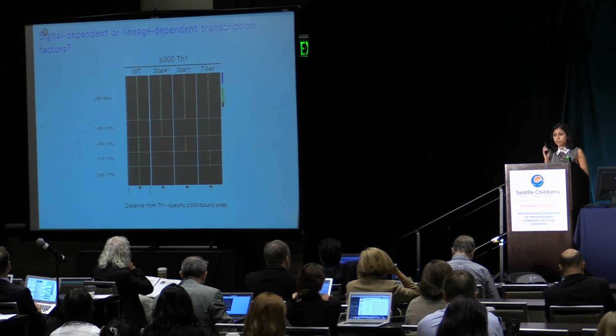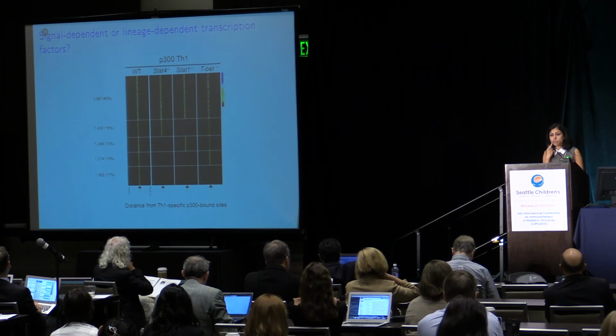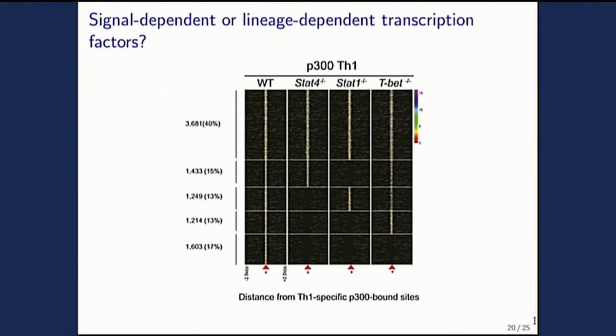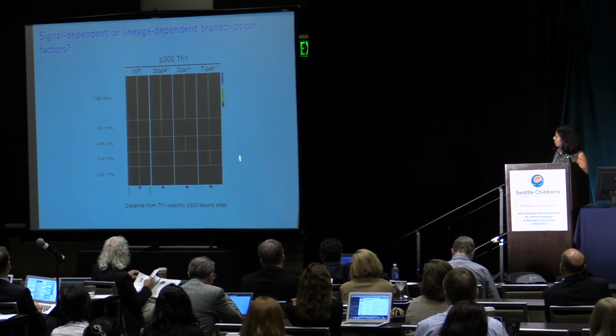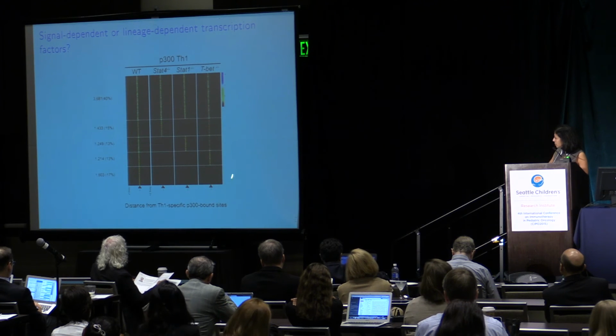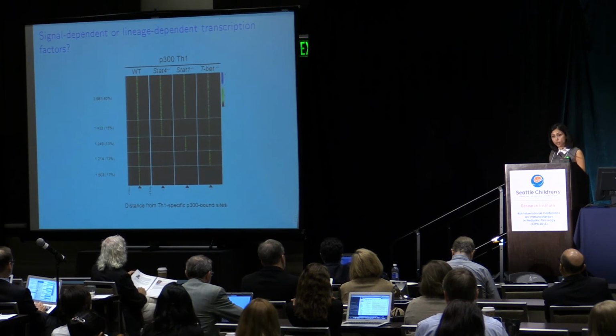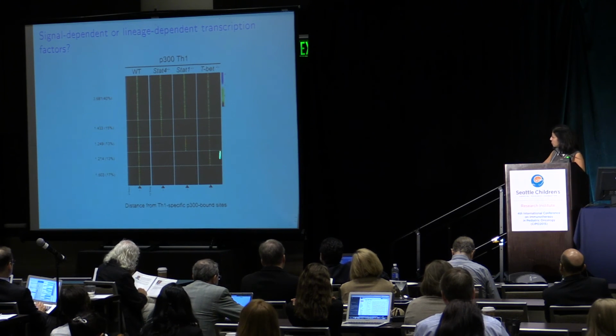We generated the map of P300 binding in the absence of each one of these transcription factors, and surprisingly, again, this was completely opposite of what we expected. The absence of endogenous master regulators made some change in the profile of P300 binding, but not as much as the loss of STATs.